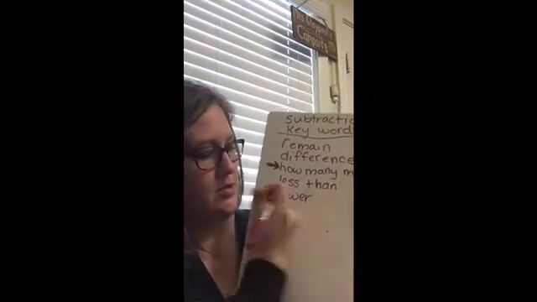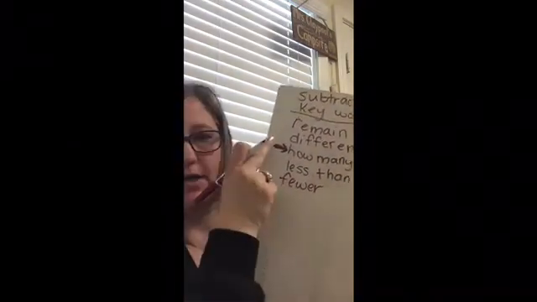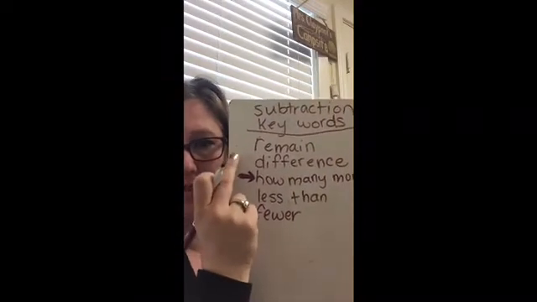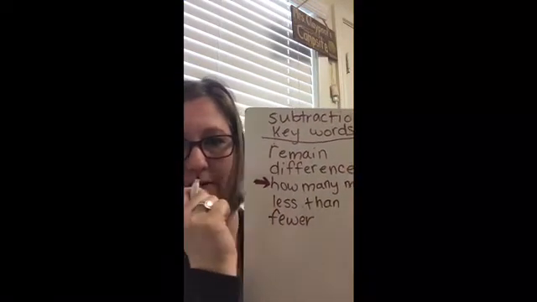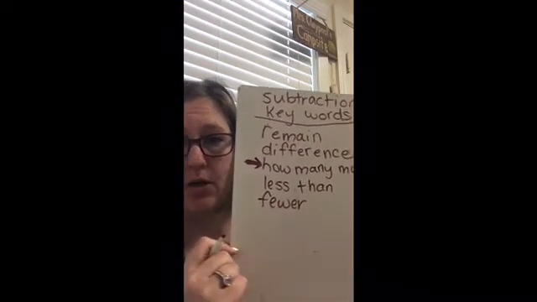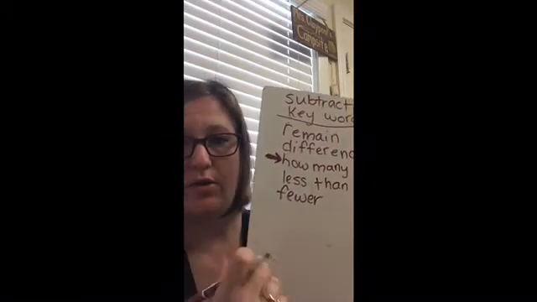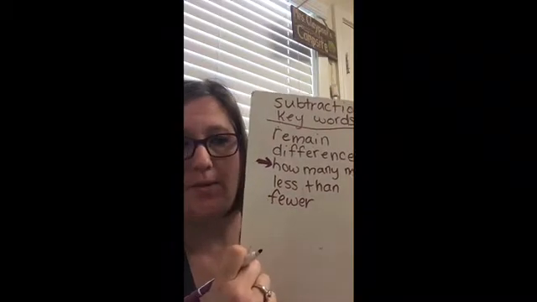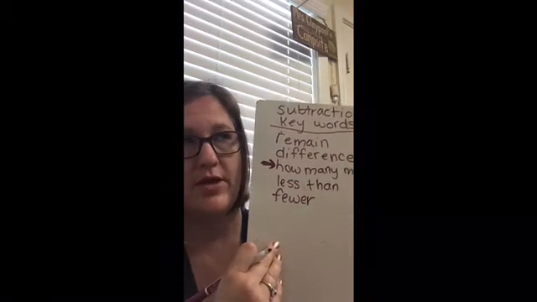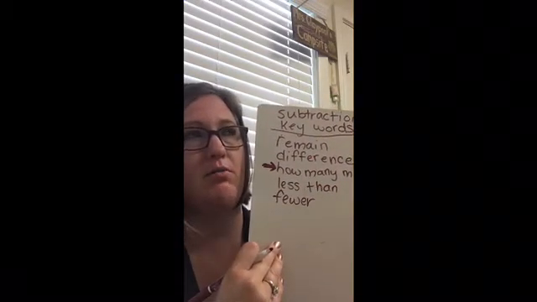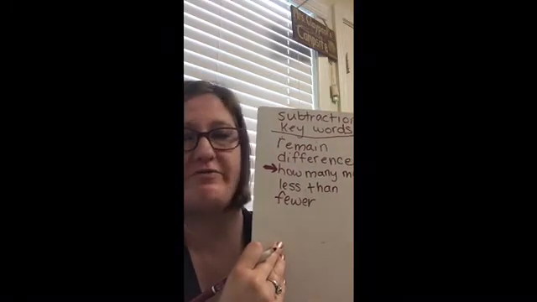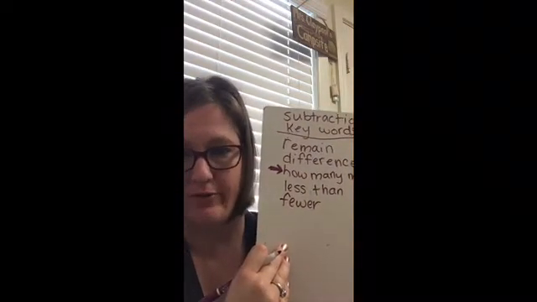Okay, so then difference, find the difference. Remember we talked about that the other day. Find the difference between maybe the length of two objects. So that might be, find the difference between a 15-foot pole and a 12-foot pole.